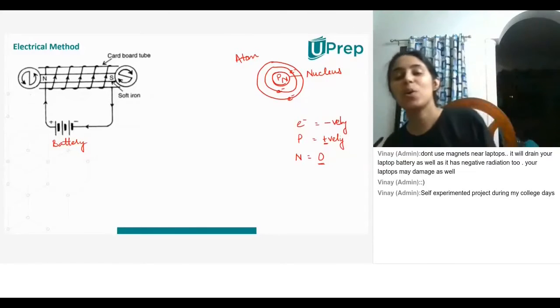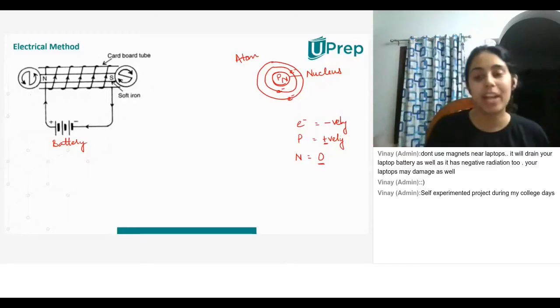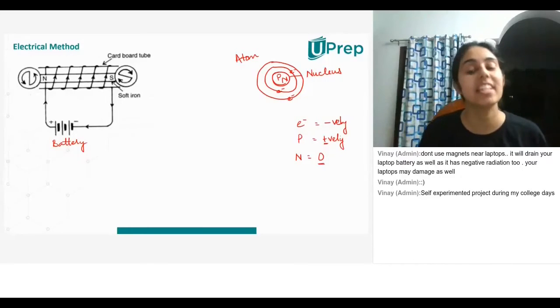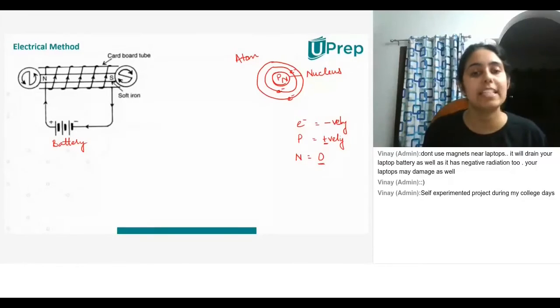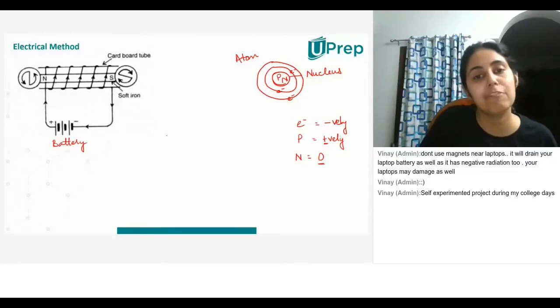Anyway, as I was saying, electrons are negatively charged, protons are positively charged. Now, in a metal, metals usually have electrons that are freely flowing. For example, if I have a piece of iron, this iron is made up of lots of atoms of iron.